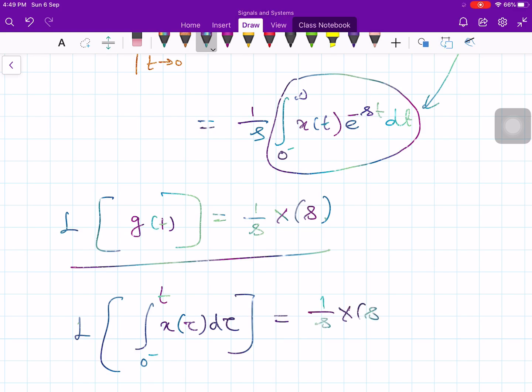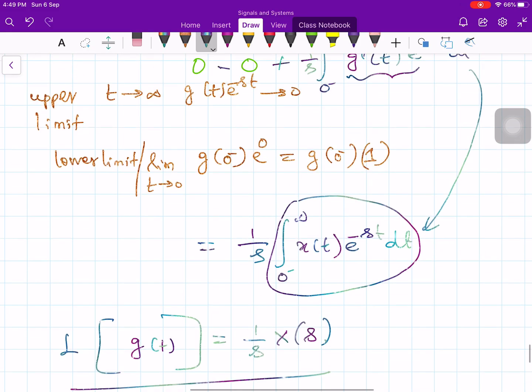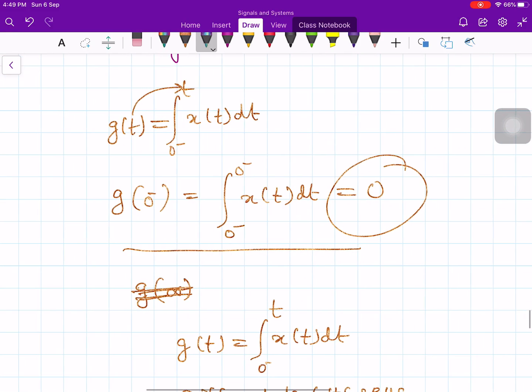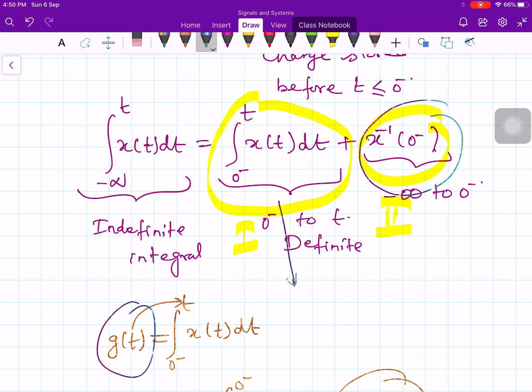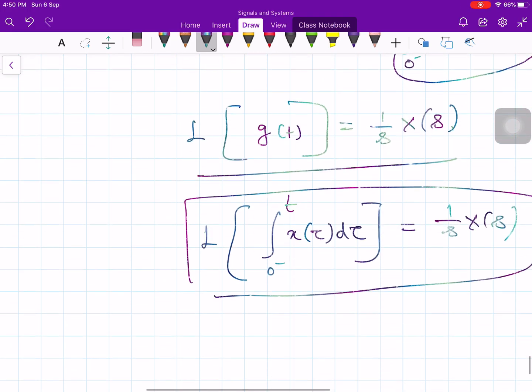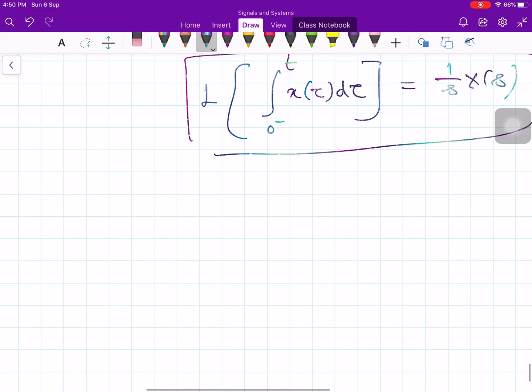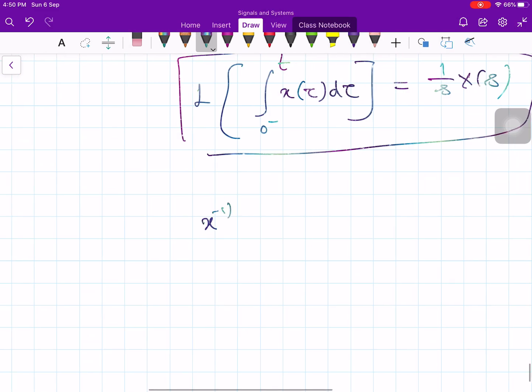This is the first part. If you go back, the first part is where we defined g of t. Now let us find the second part. The second part is x to the minus 1 of 0 minus, and by the way this is a constant.